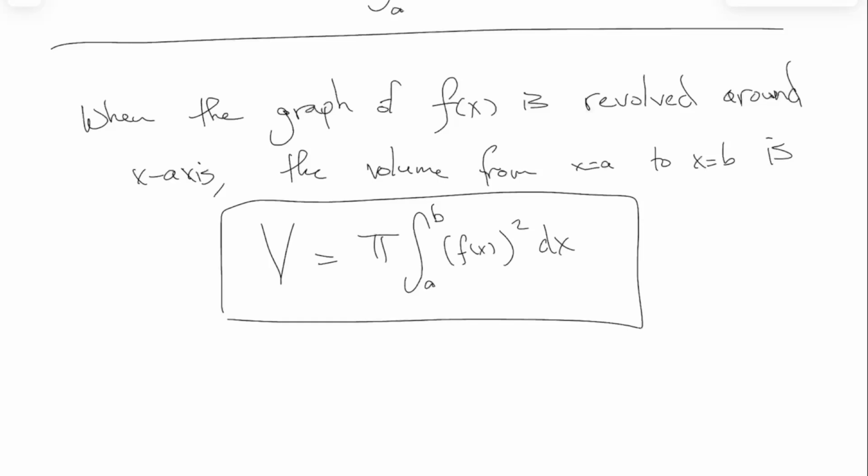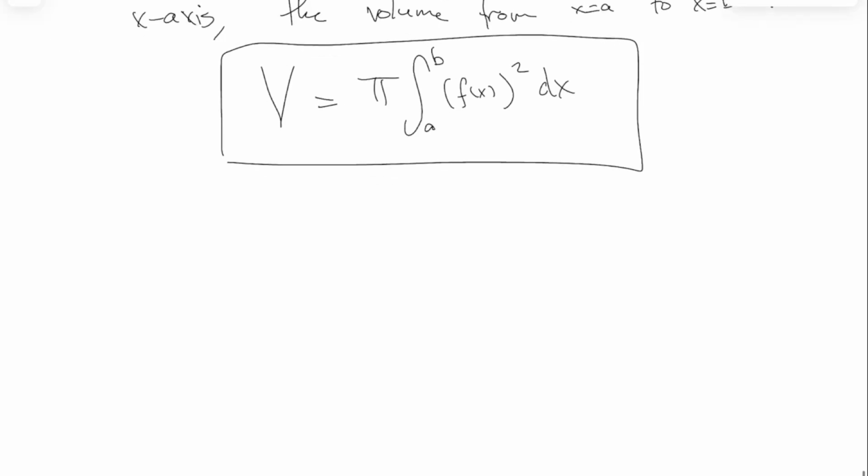All right, let's try one example. I think we've got time for one example, and then we can do some more next time. This is maybe the simplest example you could think of.